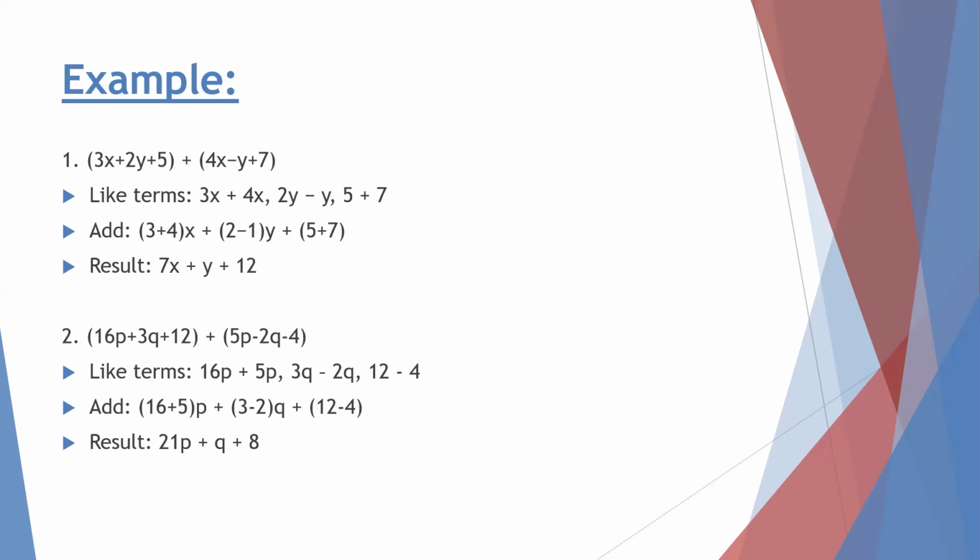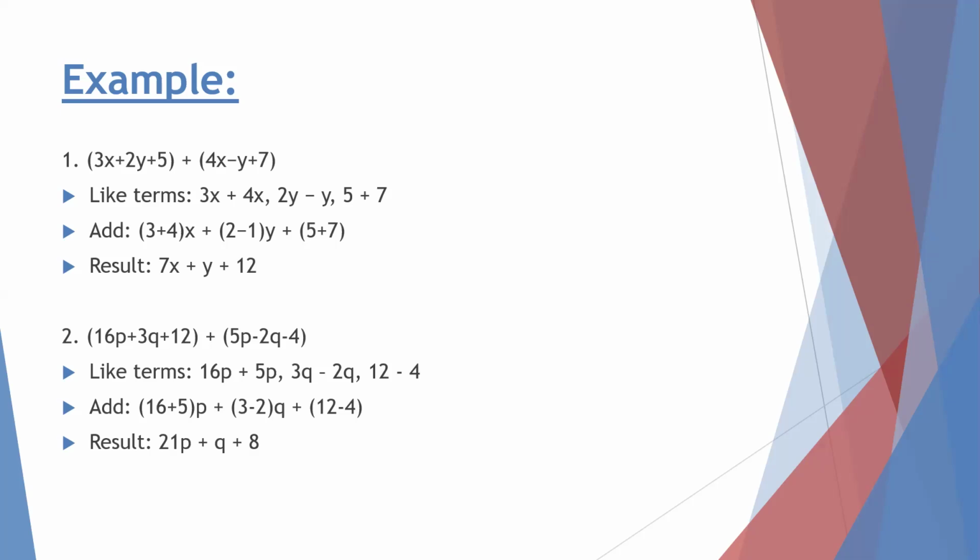So here is the first example: 3x plus 2y plus 5 whole, added to the next bracket, 4x minus y plus 7. So what is the first step? The first step is to bring the like terms together. 3x and 4x are like terms, same variable with same power. Then 2y and minus y.